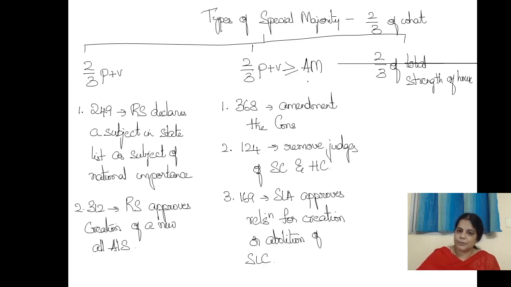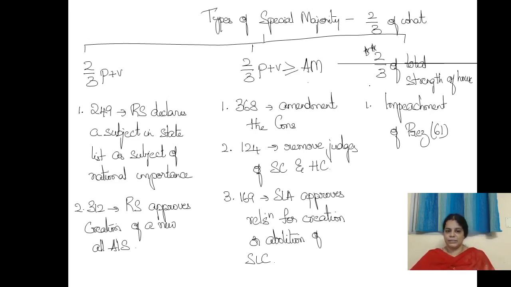For these three purposes we use this. And 2/3 of total strength is used for only one purpose, that is impeachment of the President. We do not use this for any other purpose, and please remember this is the highest majority required under the Constitution. So this is how we look at the three things.